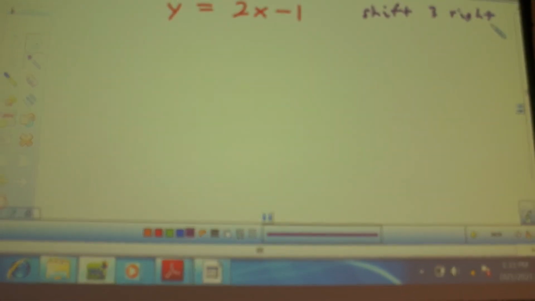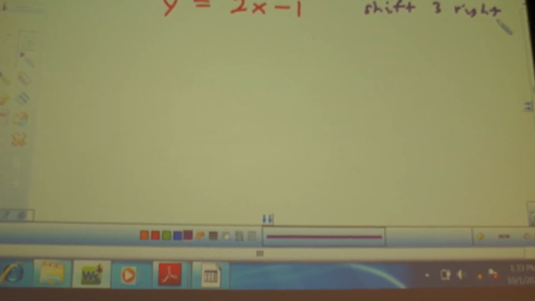So I just add 3 on the end. If I want to do that for x, I could do that, except I'd have to solve for x first. So I had x equals. If I did that, you don't have to do this, but I'll show you what I mean. How do I solve for x? I would add 1 to both sides.